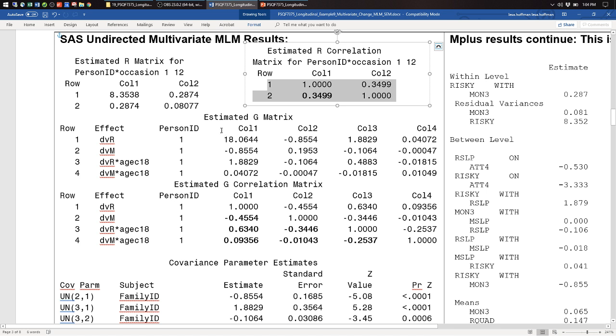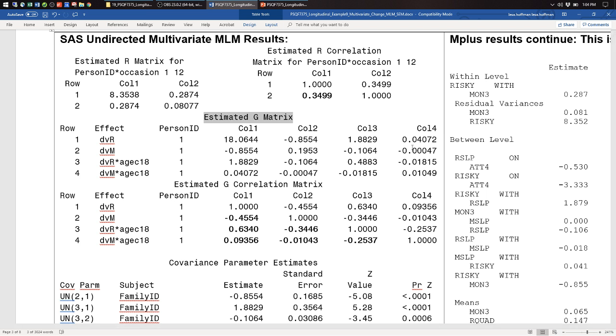Okay. G matrix. What's in G? And feel free to use the labels up here to help you out. Yeah, random intercepts and random slopes. Level 2 things, between person things. So this model says that for each variable, people differ from each other in 2 ways.